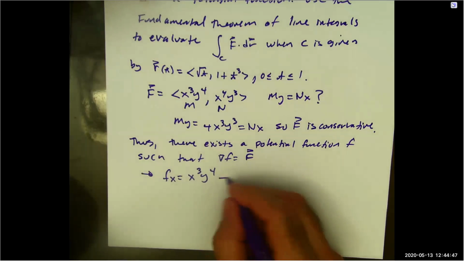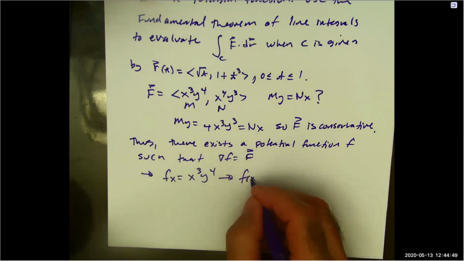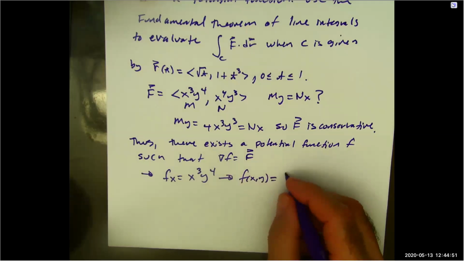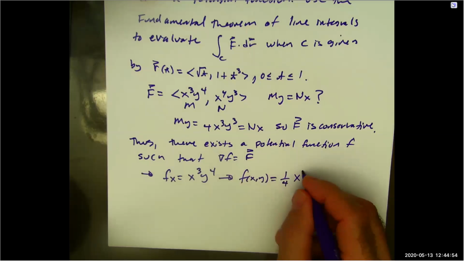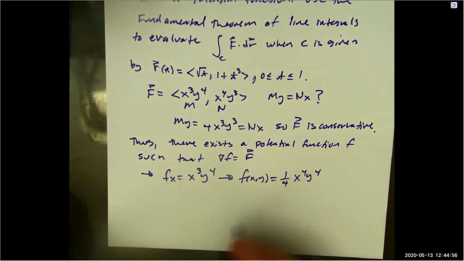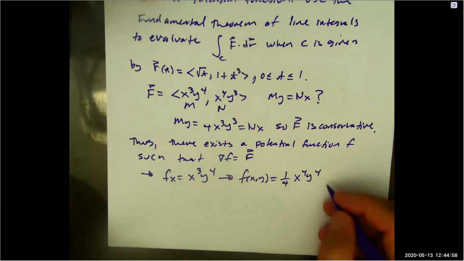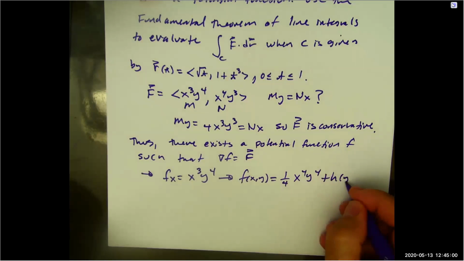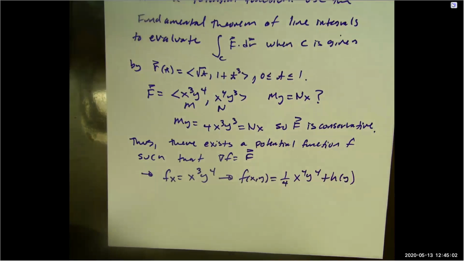Yeah, so this implies that f of xy is going to be 1/4 x to the fourth y to the fourth, because that's just a constant. And then we're going to have a function of y. That's like the arbitrary constant.